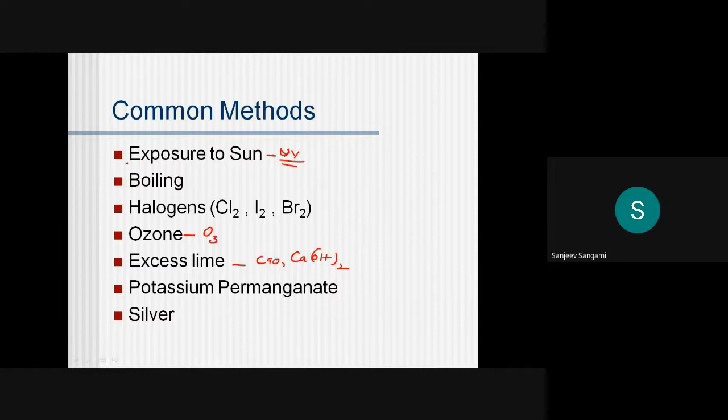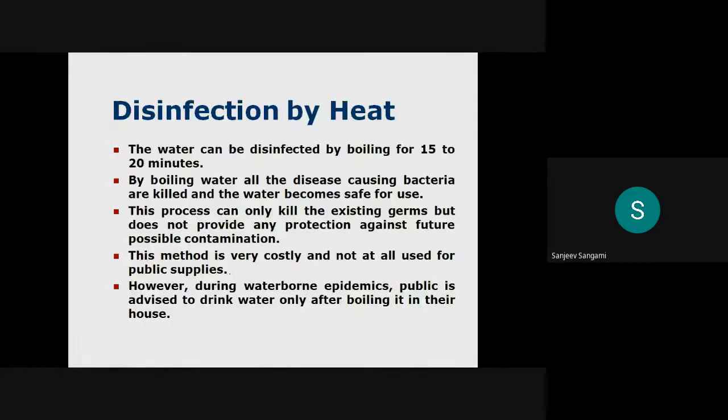Then potassium permanganate, where the formula is KMnO4. Then silver, Ag, which acts as a disinfectant. So one by one, we'll discuss.